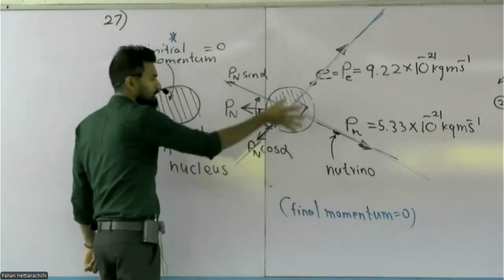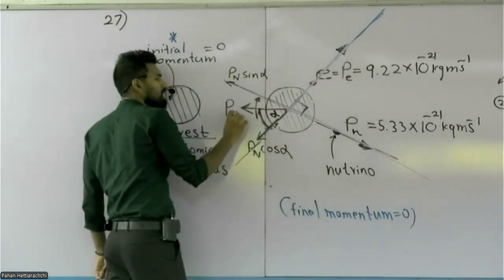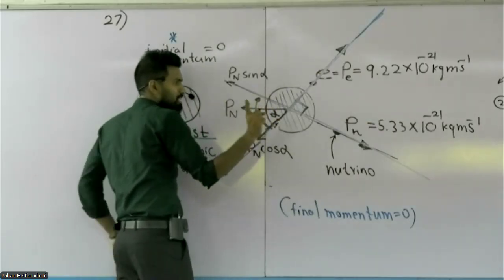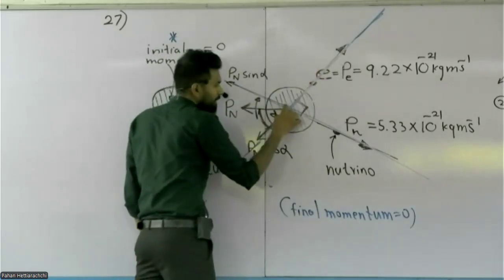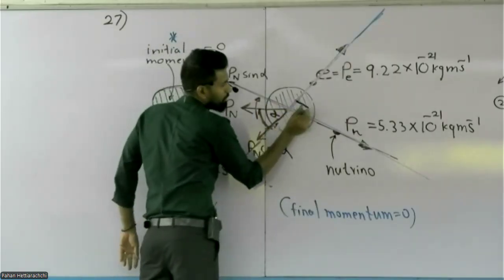Now, to cancel out these momentum components, how should this nucleus recoil? Let's see. I have to consider this very important fact. The electron and the neutrino are moving in perpendicular directions.